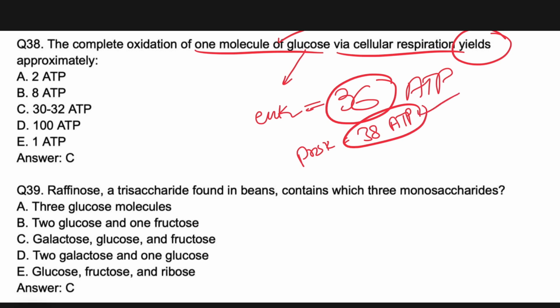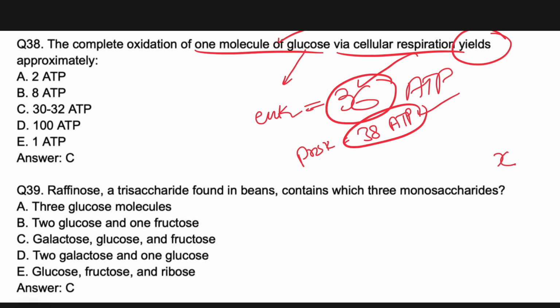Why are there two more ATP here? The simple reason behind it, just to be very short, is that prokaryotes don't really have any organelles, so everything happens in the cytoplasm. The molecules don't have to go inside any other organelle, and thus it's not going to use up any energy. But in eukaryotes, when pyruvate enters the mitochondria, it uses up 2 ATP.